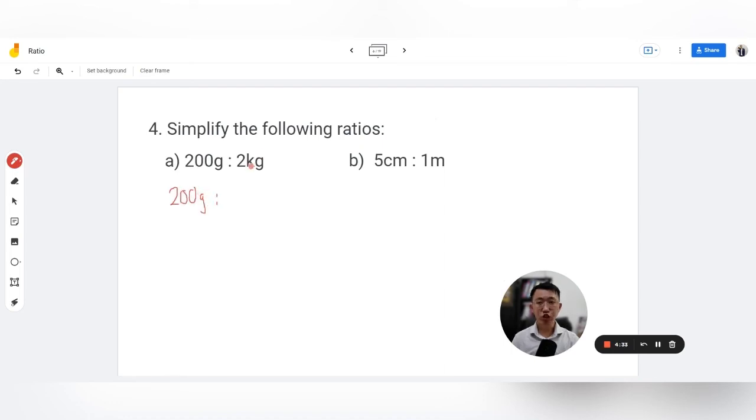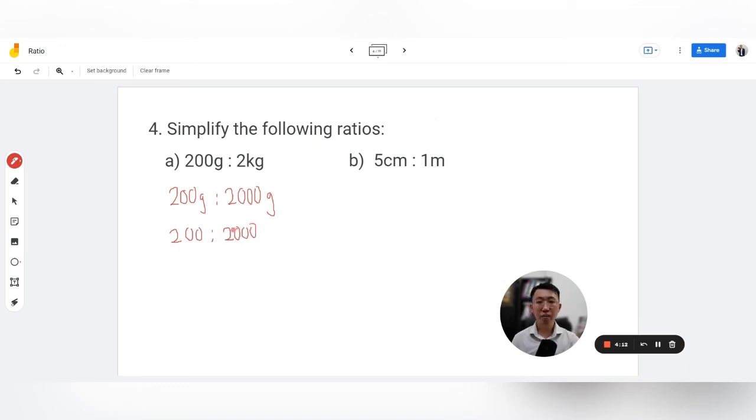Okay, now kg times 1000, so you are going to get 2000. Now the unit is going to be the same, gram. Okay, now the moment the units are the same already, you can actually ignore them. So you don't write the units anymore, just stick to the numbers. 200 ratio to 2000.